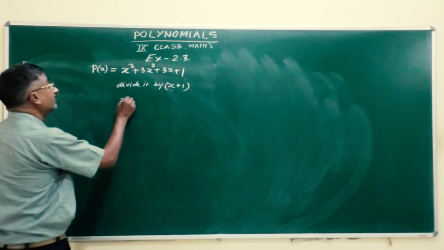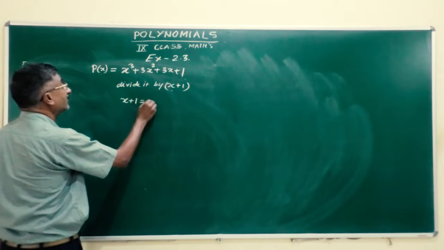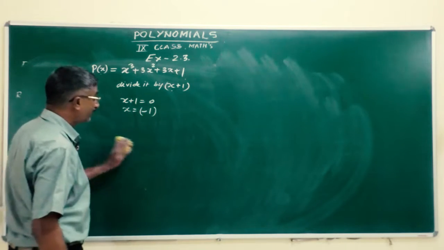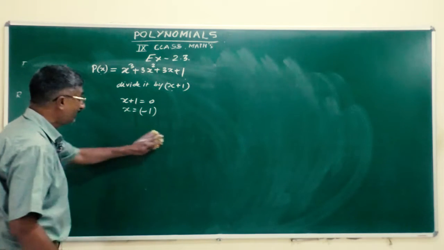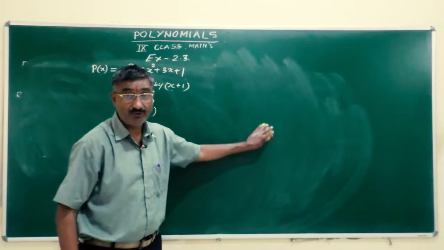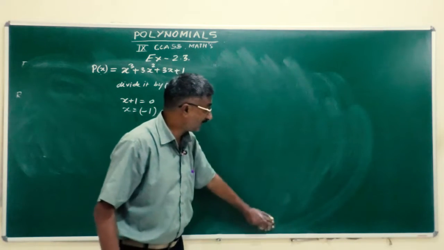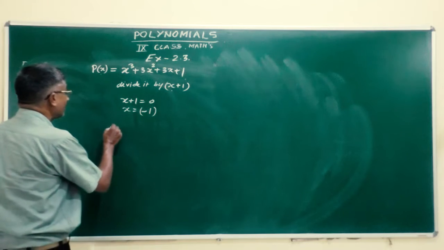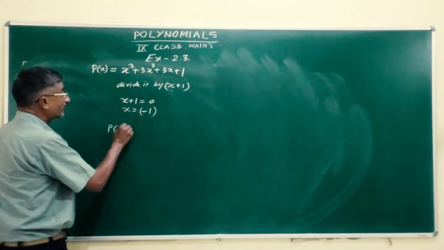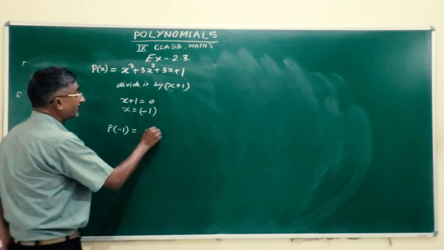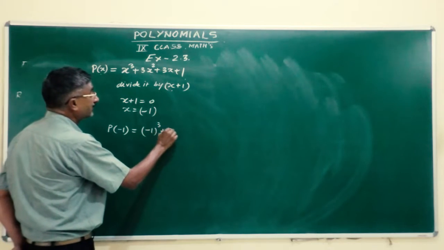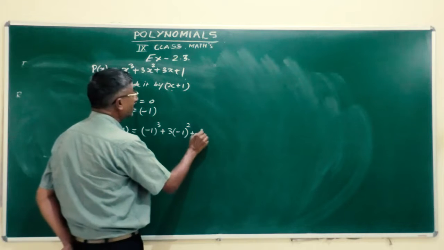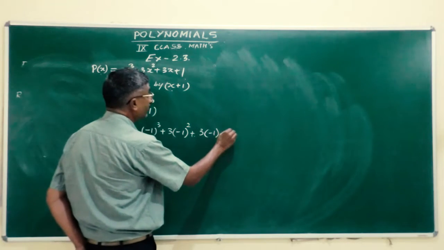So what we will do, we will put x plus 1 equal to 0, so x is equal to minus 1. We will substitute the value x equal to minus 1. If we get the value 0, then it is a multiple. If the remainder is not 0, then it is not a multiple. So p of minus 1 is equal to minus 1 cube plus 3 into minus 1 square plus 3 into minus 1 plus 1.